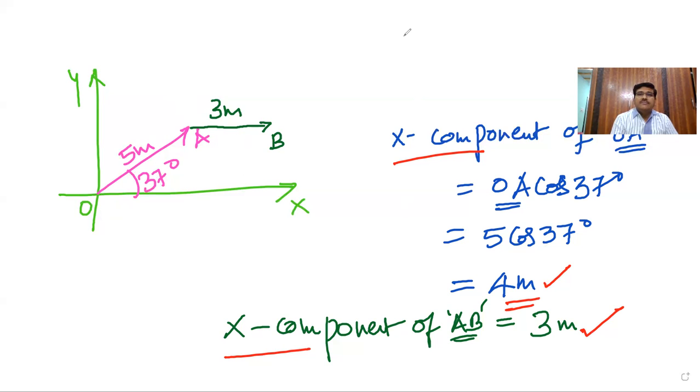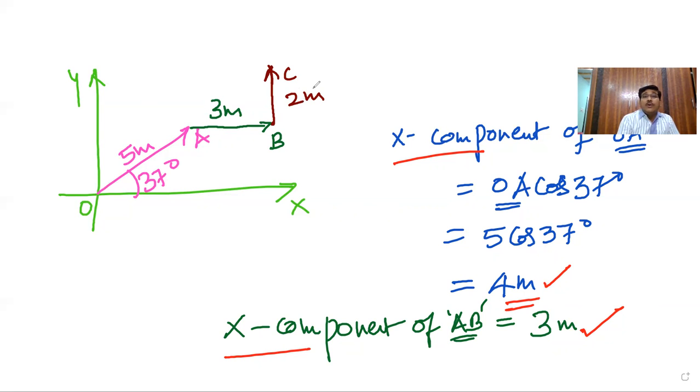Third, he has given this is BC. How much has he given? 2 meters. Observe, the entire BC vector is parallel to the y-axis. So there is no x component at all.